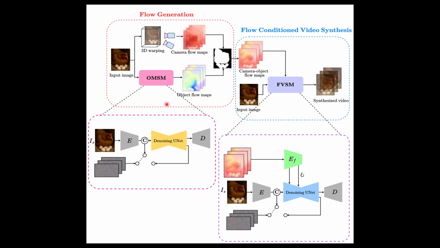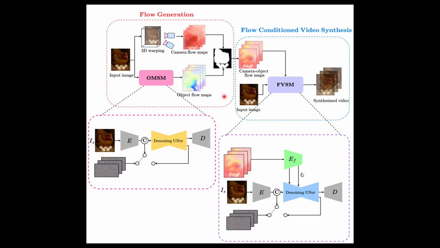So now we have two motion sources: background motion from the camera, foreground motion from objects. These two flows are then combined using a single unified motion representation, as you can see here.